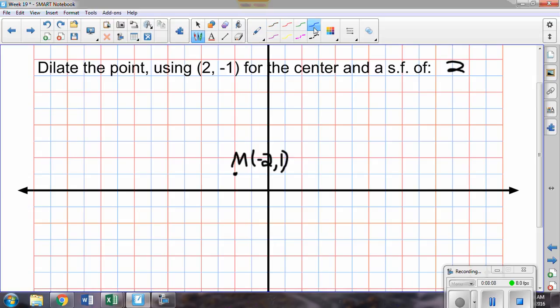The important thing to keep in mind, it's not just the numbers that get changed. It's the gaps, it's the size, it's all those pieces. We have to keep in mind that from here, we'd have 2 to the right, down 1. This is the location for our center.